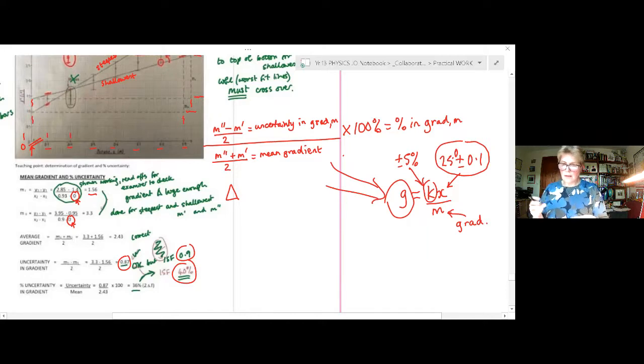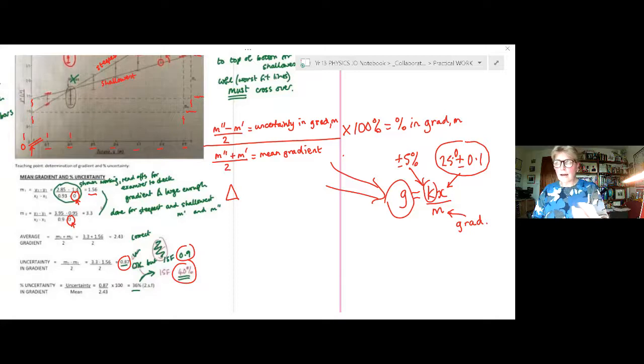But can you see that it all ties together to use what you've been doing graphically to carry on to the next section? You shouldn't be having to do it afresh. You should be using what you've got from before and leading it on. Always look back to see what the clues are, because very often, for example, for WJEC, they will leave the percentage uncertainties there for you in the table, all right?